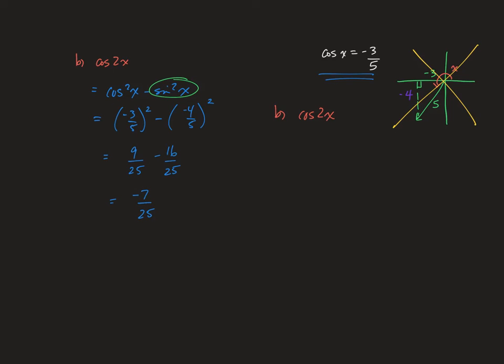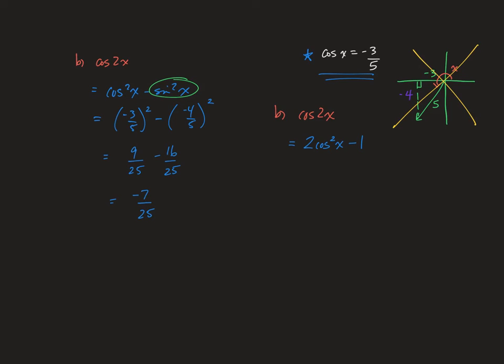However, if I broke down my cos 2x, rather than using my basic form, cos squared minus sine squared, but instead said I want to break it down into my cos version, then cos 2x is equal to 2 cos squared x minus 1.